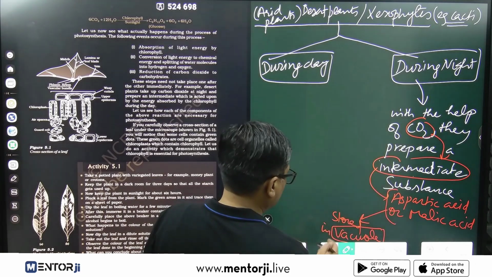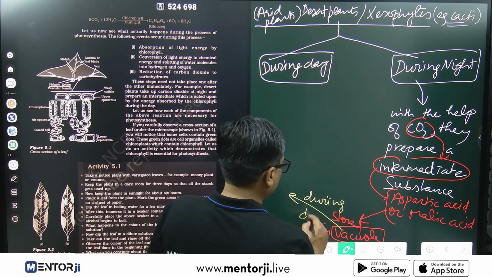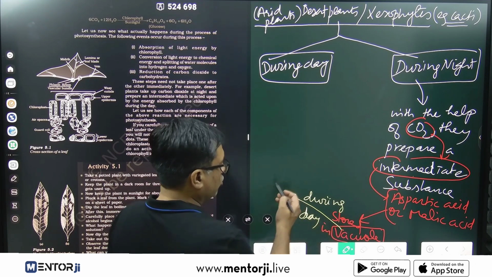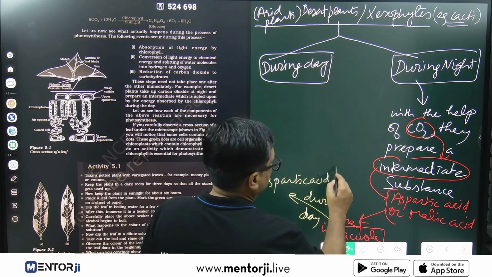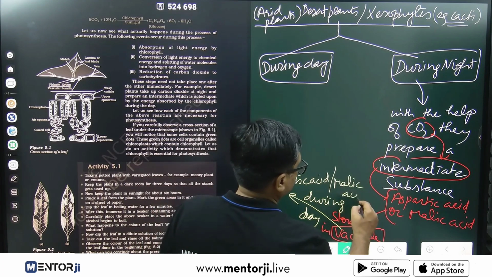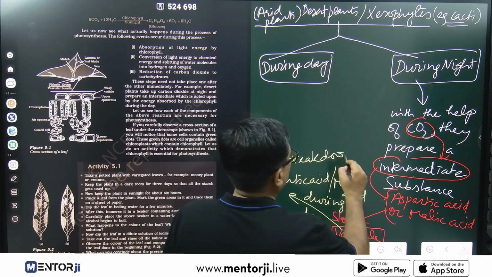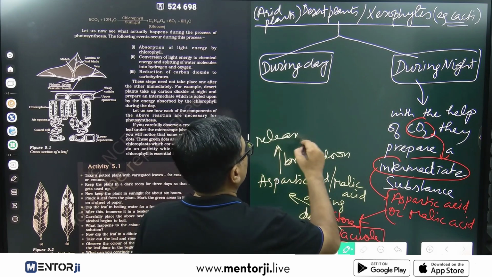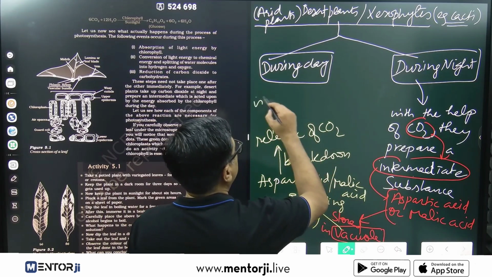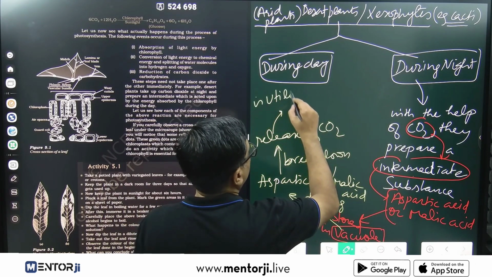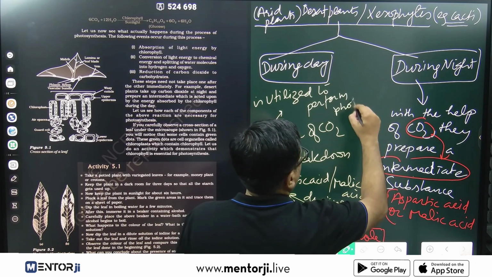During day, this vacuole से ये एस्पार्टिक एसिड या मैलिक एसिड ब्रेक डाउन, दिन के समय ये टूट जाएगा, and release of CO2, and this CO2 is utilized to perform photosynthesis.